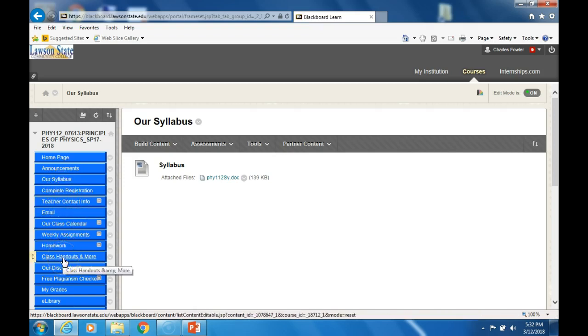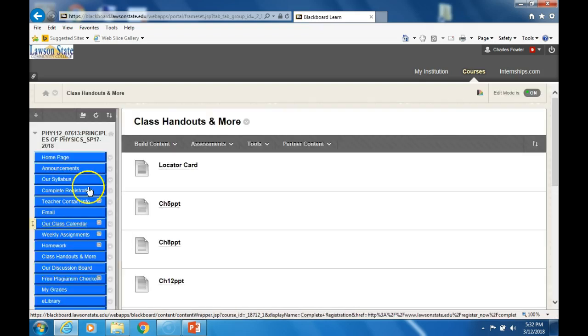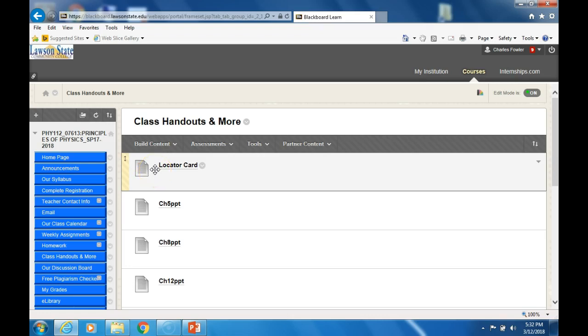Here it is. Class handouts and more. Well, I'm not going to be handing out anything, but it's the closest I could get to content. So here on the class handouts and more, there's my locator card that shows where I am Monday through Friday, which campus, which class I'm in, when I'm in the office.